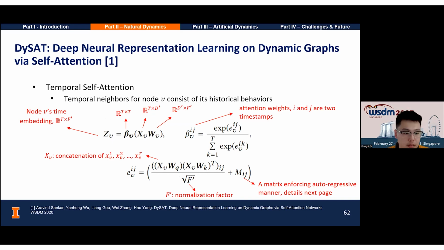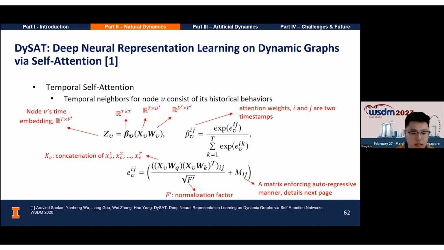Here we have x_v, the node feature across the time steps. For example, x_v is a concatenation of x_v at time 1, x_v at time 2, up to x_v at time capital T. So we have x_v for the temporal behavior of a certain node.